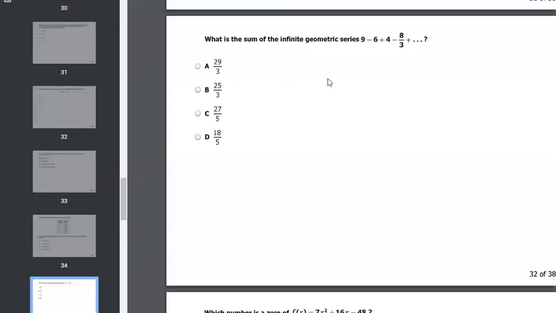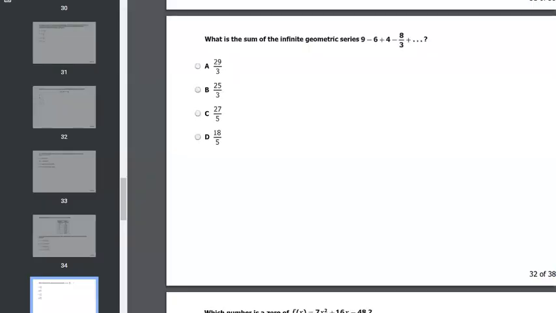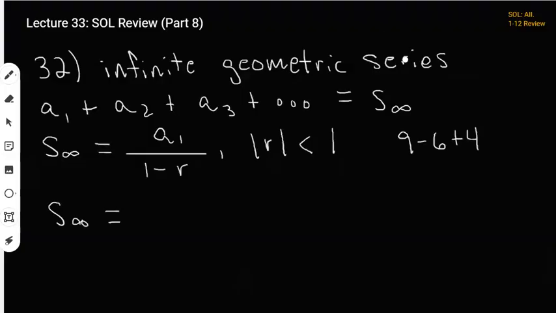So the question tells me 9 minus 6 plus 4 minus 8/3. So this is the series that I'm given. The first number is A1. That's going to be the first number in the series.